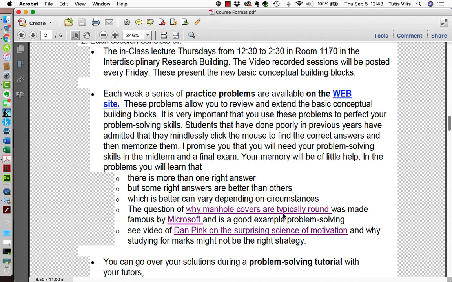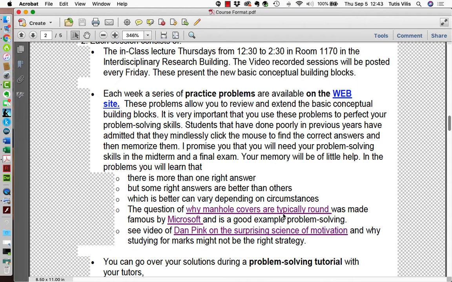Yes, easier to take on and off because you don't need to line it up exactly. That's right, the edges are the same on a circle. It's lighter because you use less material. You can roll it to its spot.